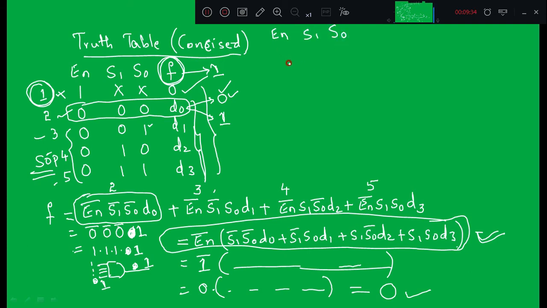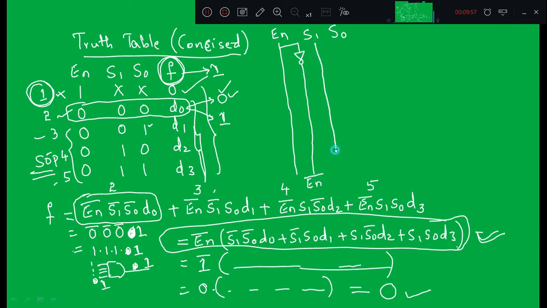You can draw because you know how to draw the logic diagram using a Boolean expression. Enable bar is generated using a NOT gate, right? So this is enable bar. For all expressions I need enable bar.